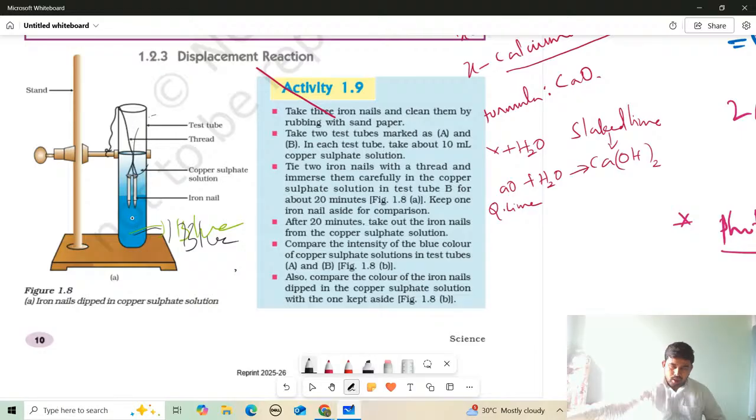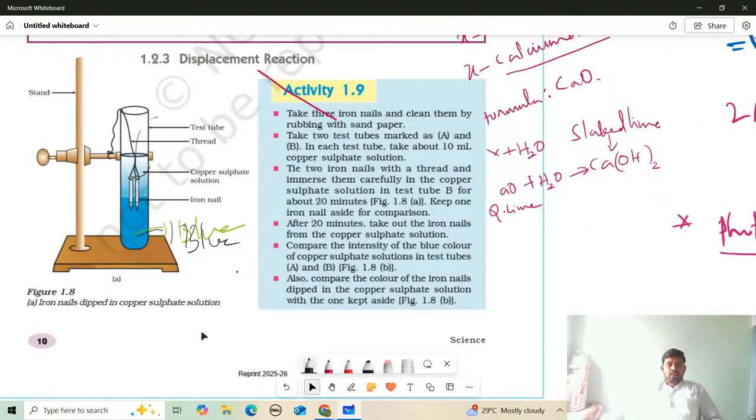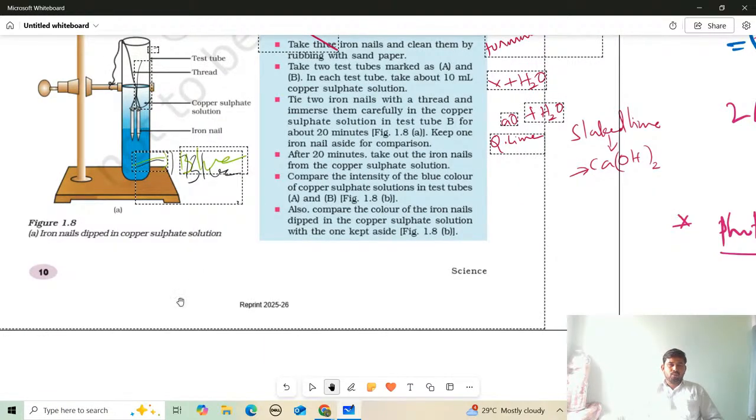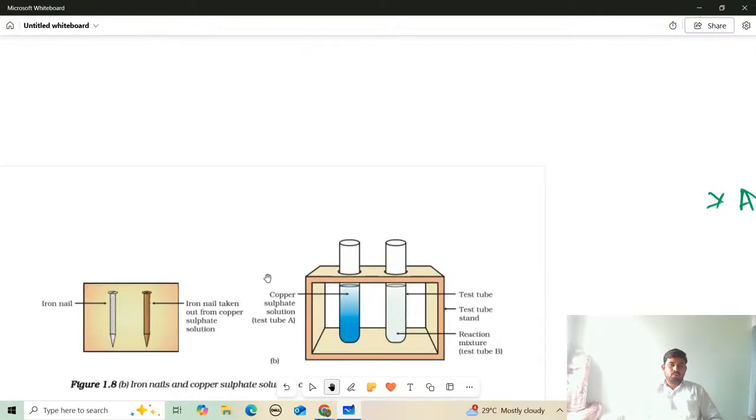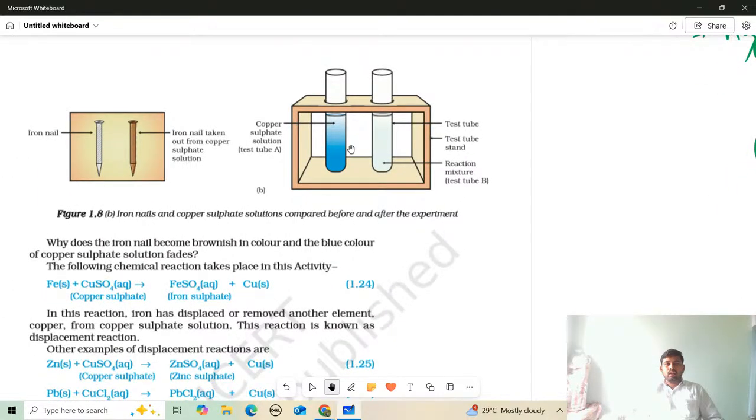Then after some time, what happens? You can see the color here. Earlier it was blue. After keeping the iron nail in the copper sulfate solution, it turns pale green.